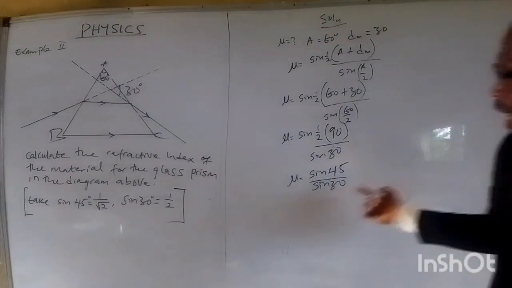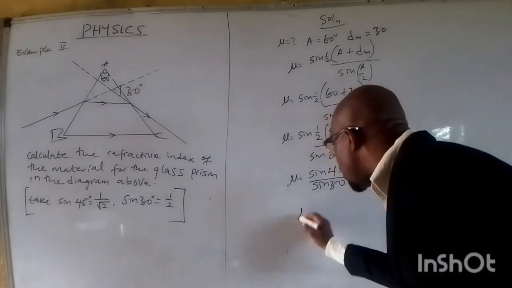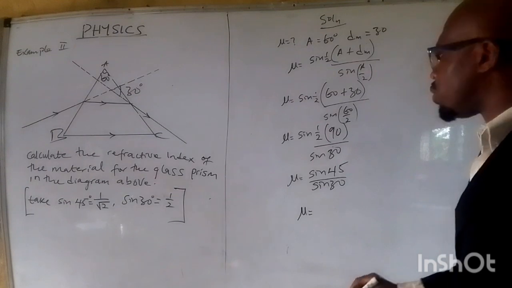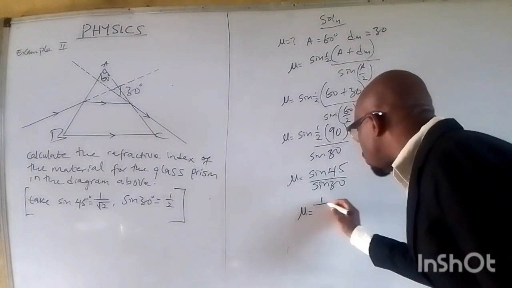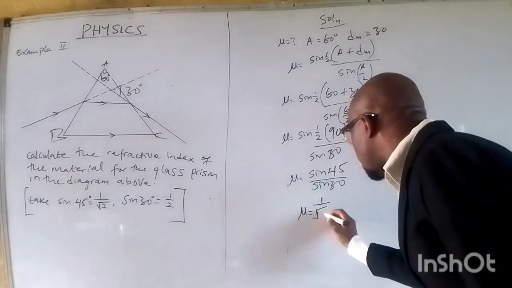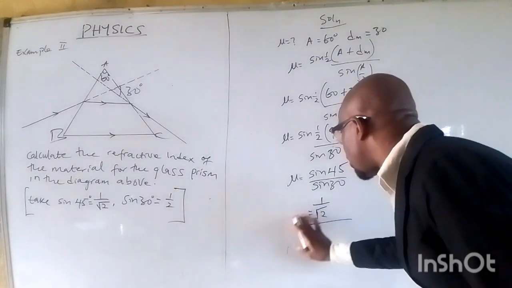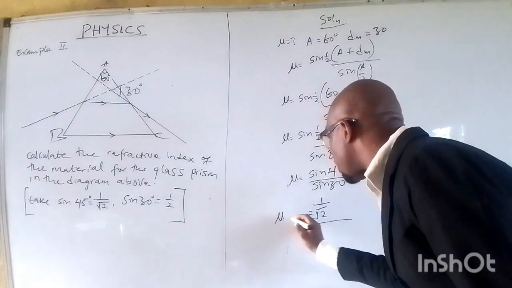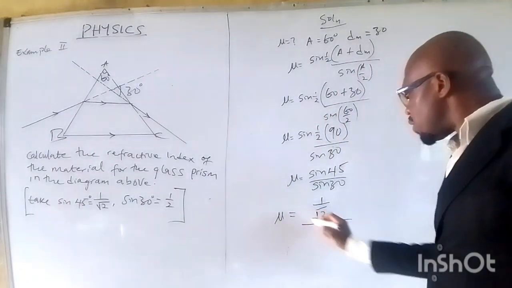So at this point, we can now make use of the special angles given to us. So we have that mu is equal to sine 45, which is 1 over root 2, everything over sine 30. Sine 45 is this, so there's no need writing sine.